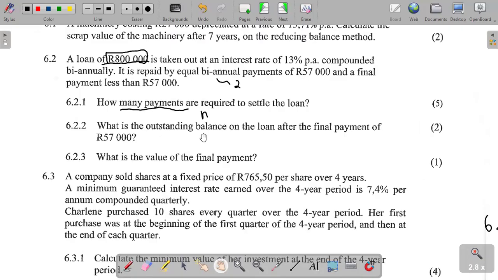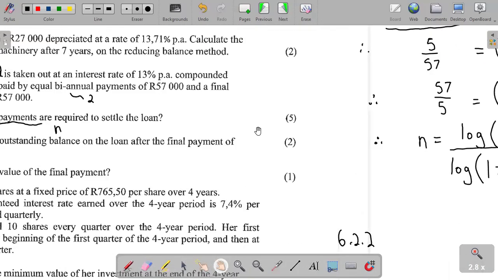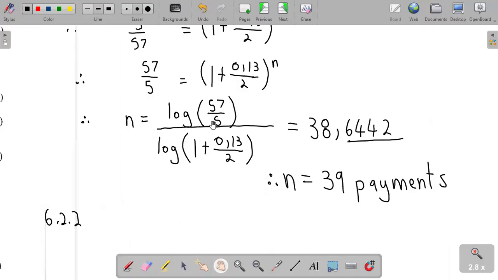What is the outstanding balance on the loan after the final payment of 57,000? Okay. So for the outstanding balance, we have to take what is left here, these decimals, because there are going to be 38 payments, and then the other payment is not going to be a full payment.